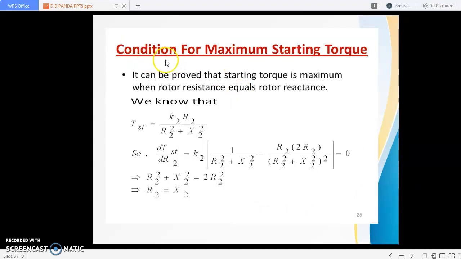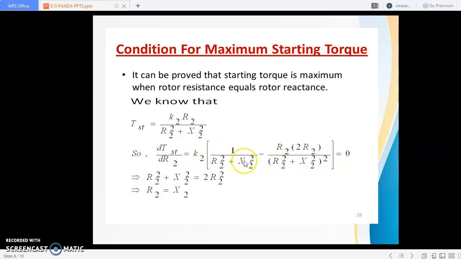Now come to the condition for maximum starting torque. It can be proved that starting torque is maximum when the rotor resistance equals the rotor reactance. We know that starting torque TST equals K2 R2 divided by R2 square plus X2 square. So, we will take the derivative of starting torque and equate it to zero.